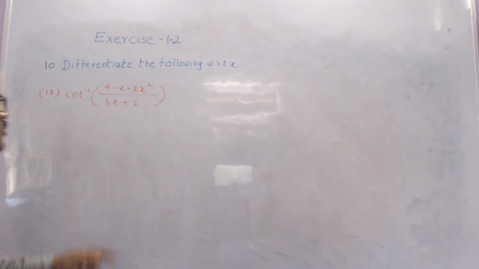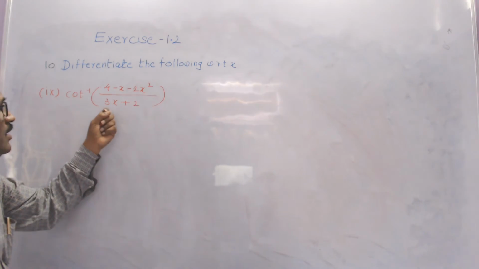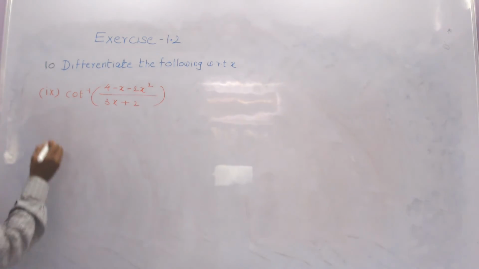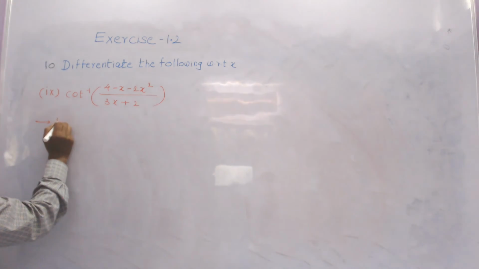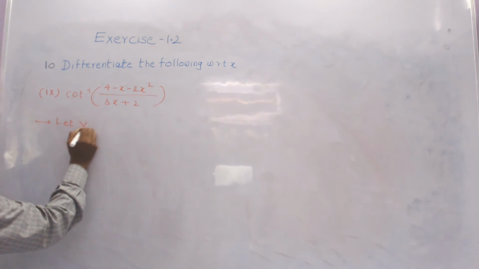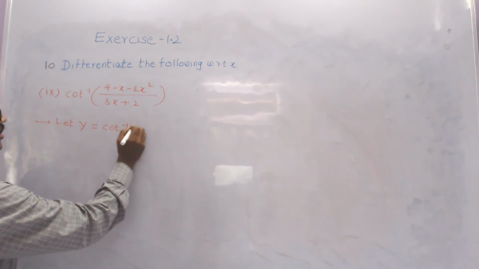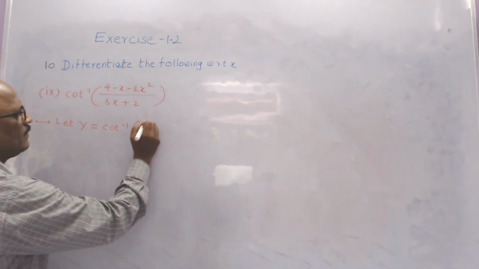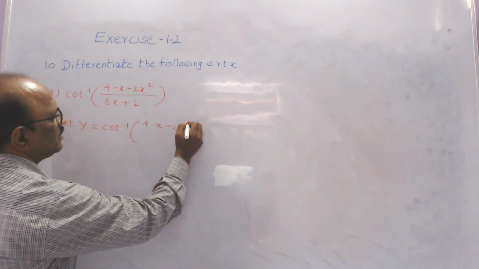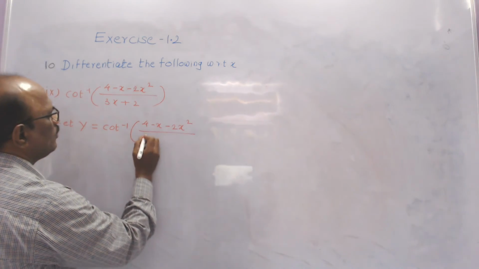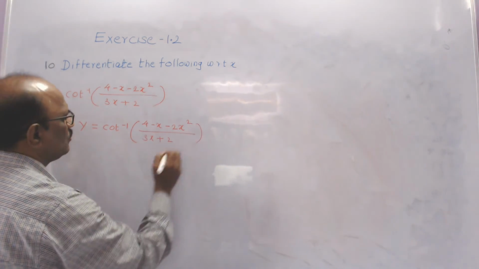Now the next problem is cot inverse of (4 minus x minus 2x square) upon (3x plus 2). Again here we can write, let y equals cot inverse in bracket (4 minus x minus 2x square) upon (3x plus 2).